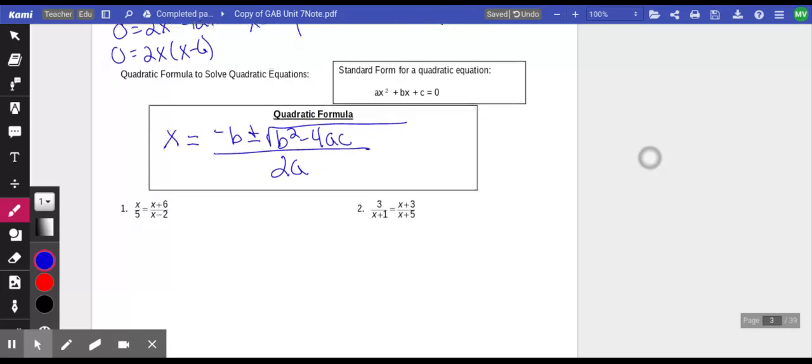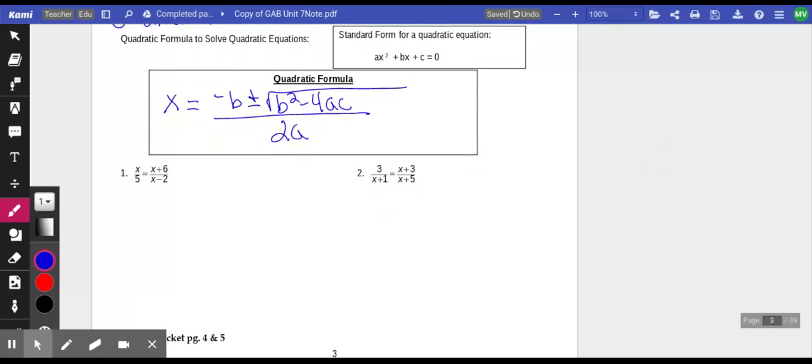So when I do number 1, when I cross multiply, I get x squared minus 2x equals 5x plus 30. It's quadratic, so I'm going to make it equal 0. So that's x squared minus 7x minus 30 equals 0.